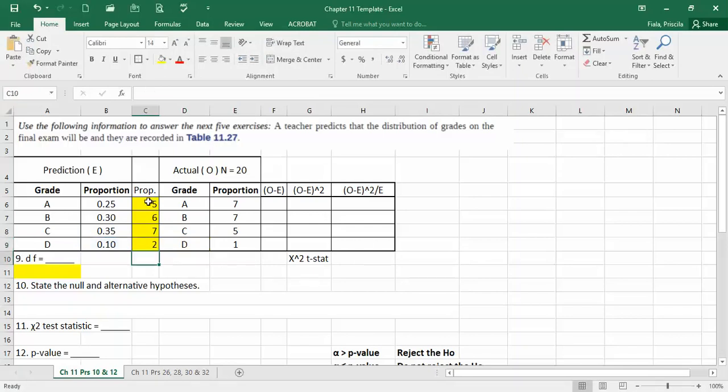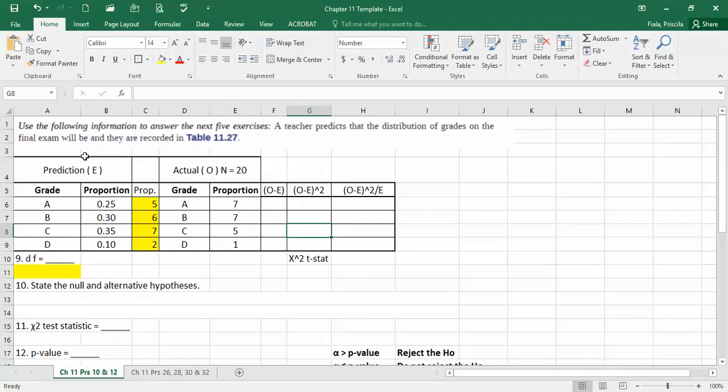So these were the expected values. She expected 5 students to get an A, 6 to get a B, 7 to get a C, and 2 to get a D. In reality, 7 got an A, which is great, 7 got a B, 5 got a C, and 1 got a D. So it actually was better than what she expected.